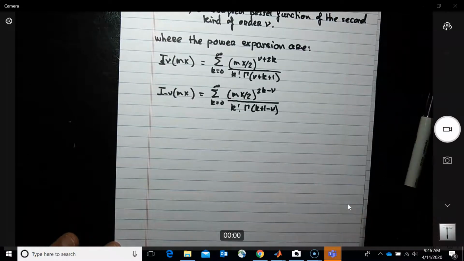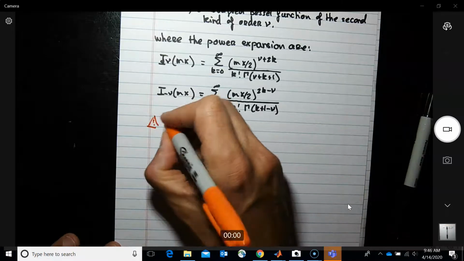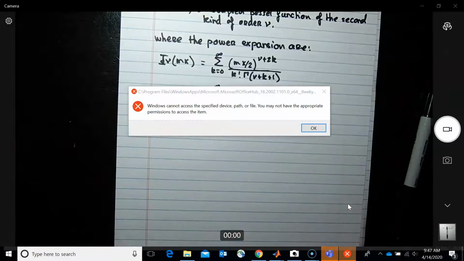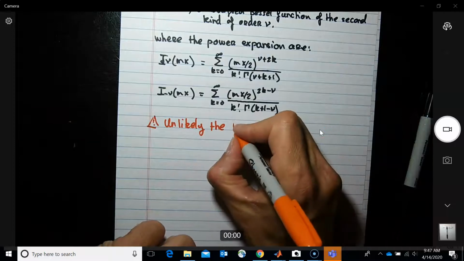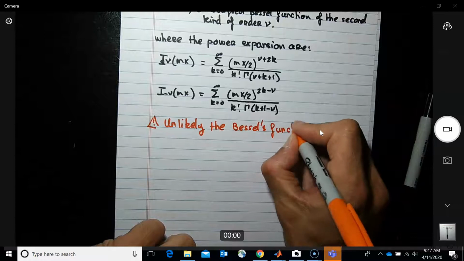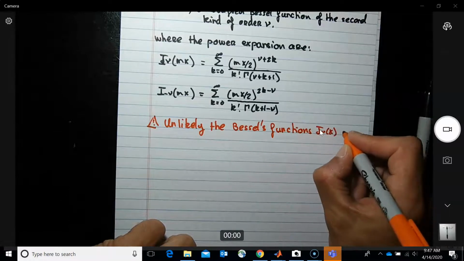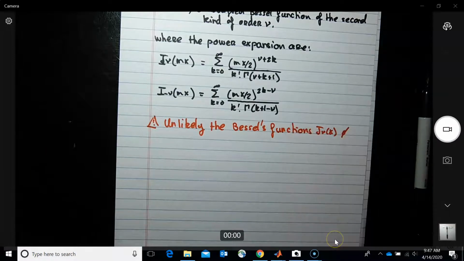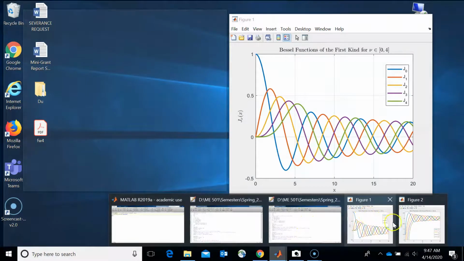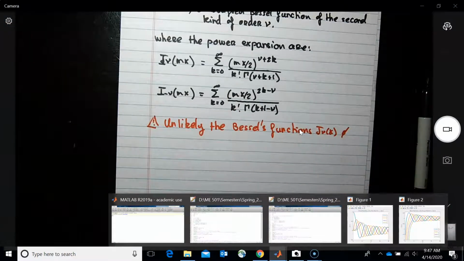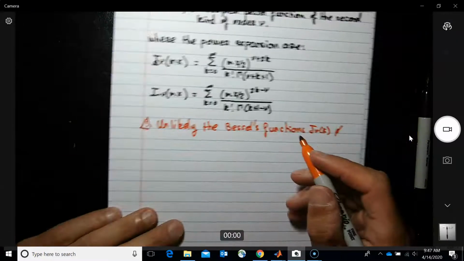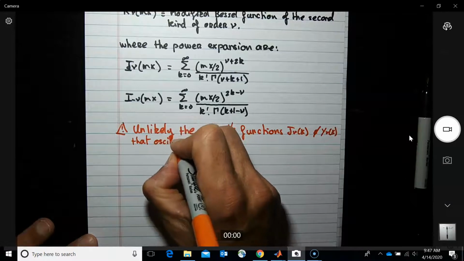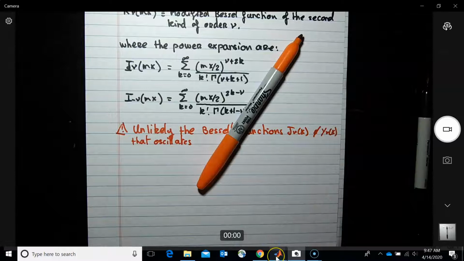Now this is important: unlike the Bessel functions J mu of x and Y mu of x, the two functions I was showing you over here, which oscillate, let me show you this again.